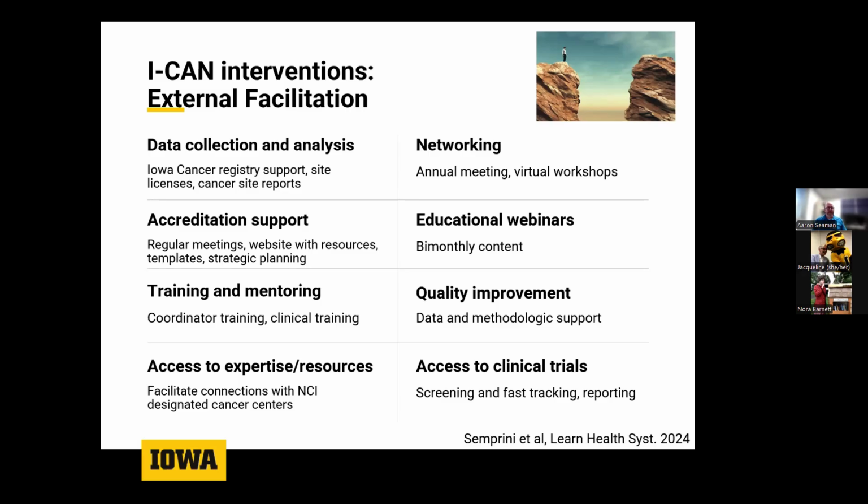We've looked to do a bunch of quality improvement and data and methodologic support, because one of the COC standards is to be working on quality improvement projects in each cycle, and then really looked to increase ways for rural community cancer programs to access clinical trials.